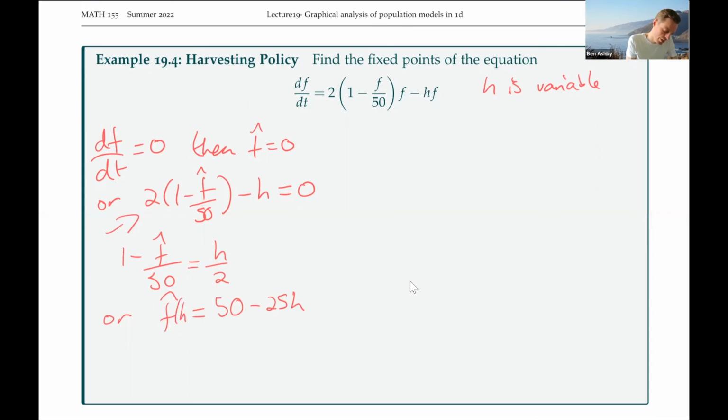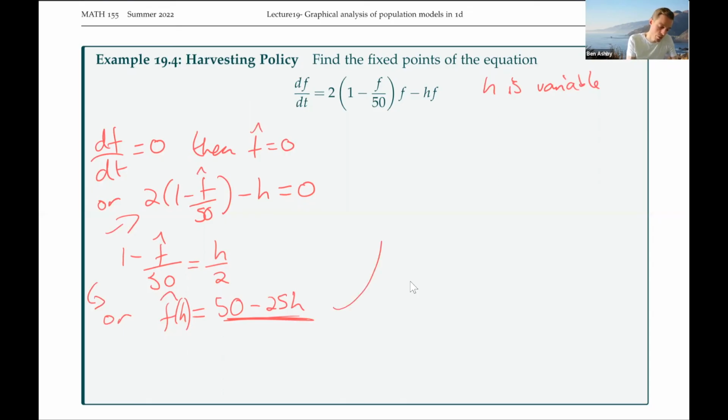So we write this as f hat of h. So this is just rewriting this equation in terms of f, and then we can call this a function of h because we have our h here on the right-hand side. So it's saying that our non-trivial fixed point, our non-zero fixed point for the population, is equal to 50 minus 25h. And so this is a function of our harvesting rate.